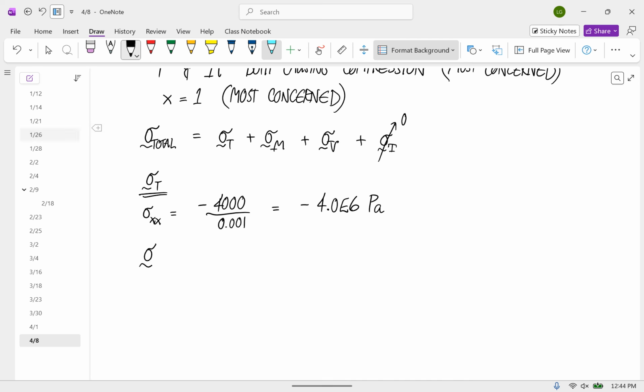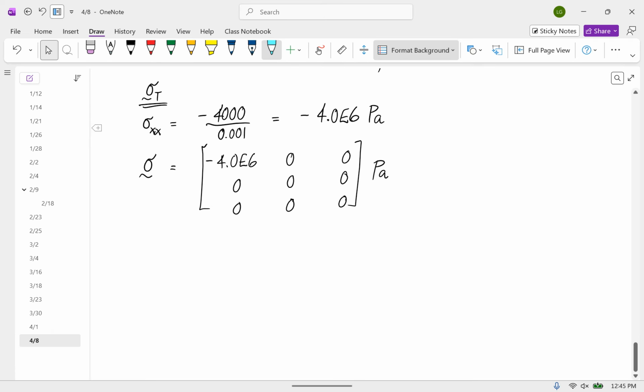And so the stress tensor is negative 4.0 times 10 to the 6, zeros everywhere else. And now we'll do the calculation for bending moment.